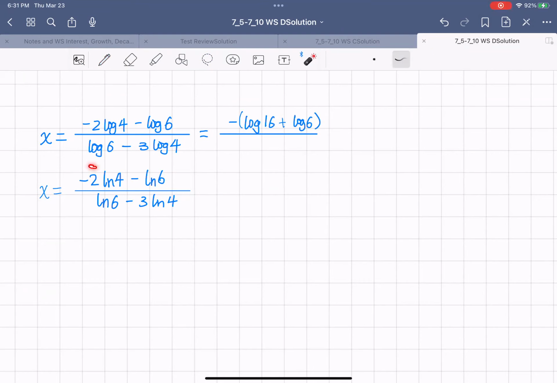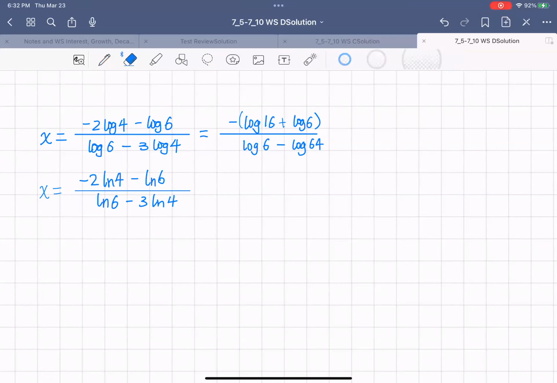And then for the bottom, you treat this as log 6, and then the minus 3 goes up as an exponent on the 4. So this is 4 to the power 3, which is 64.